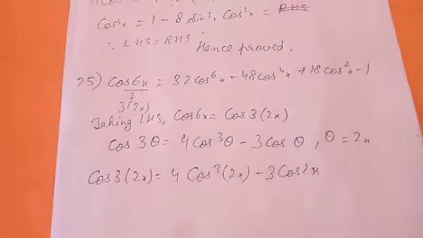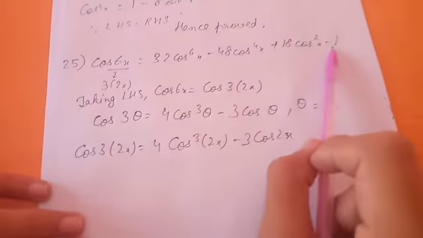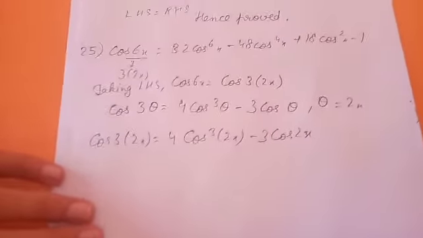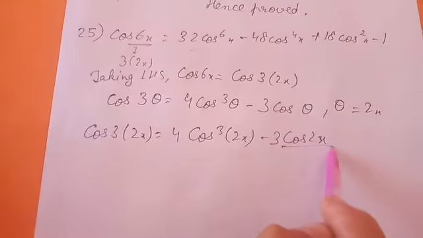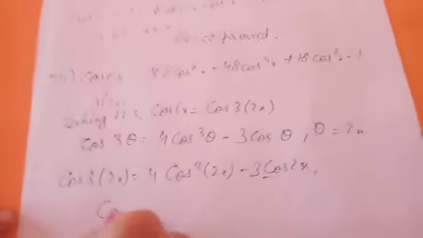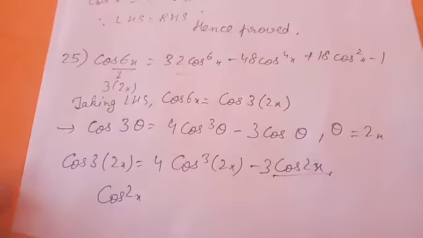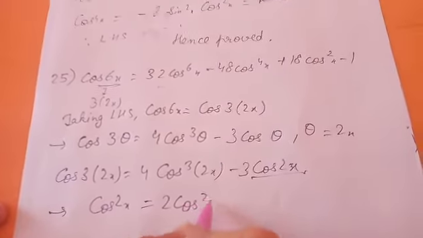Now you can see that we require whole of our result in form of cos. So we will use the formula of cos 2x here, in which we are getting cos x. Cos 2x is equal to 2 cos square x minus 1.